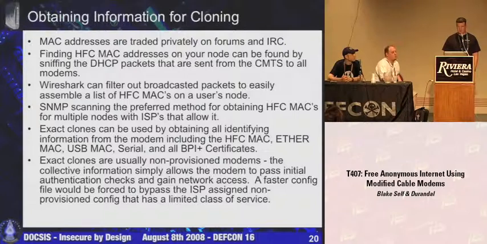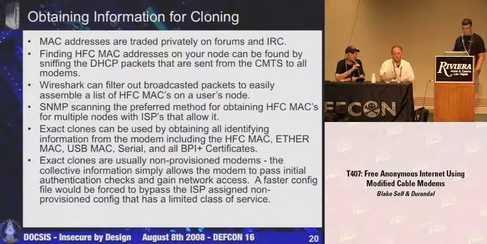So you can hook a modem up, run Wireshark, easily get a list, and trade it with someone on a different node, a different CMTS. There are also programs: one called Coax Thief from TCN ISO, and DHCP Force will do that. The other method is SNMP scanning, but it only works on certain ISPs. On certain ISPs you can actually get HFC MACs from farther away with that.